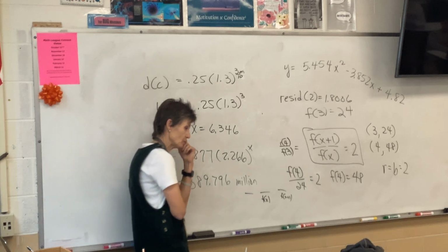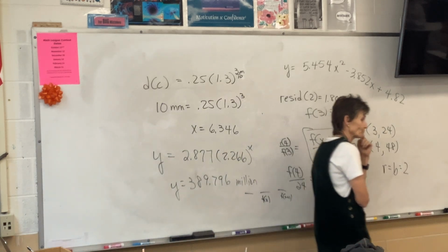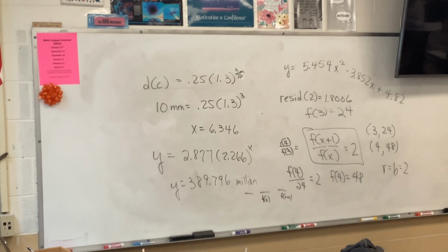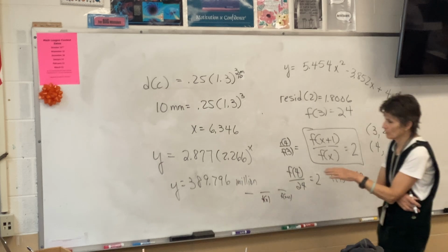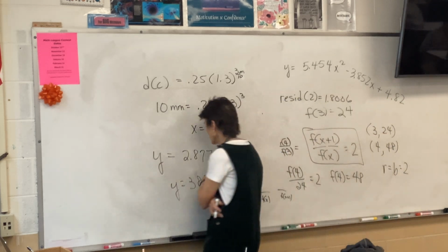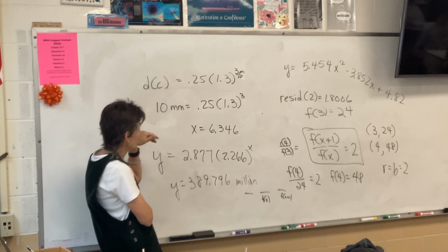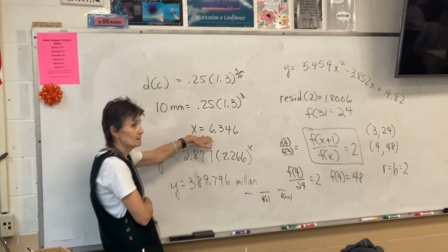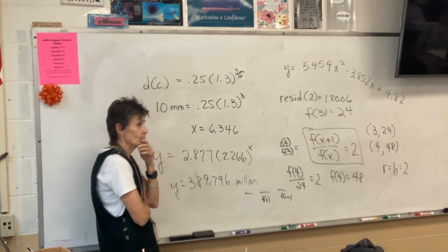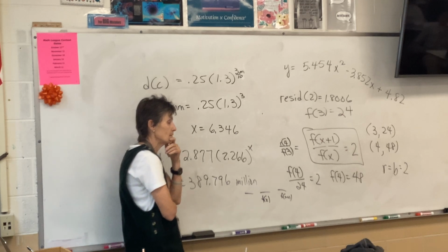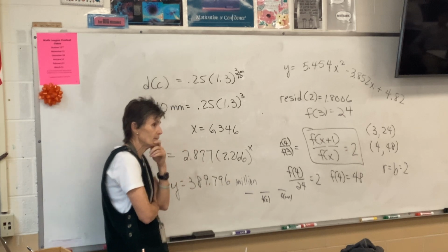Which one do you think is a better model for the reality of the problem? Now, wait a second. This is almost 400 million, and under the quadratic model, in the same period, we got 200 million. In 6 years, 200 million. In 6 years, 400 million.